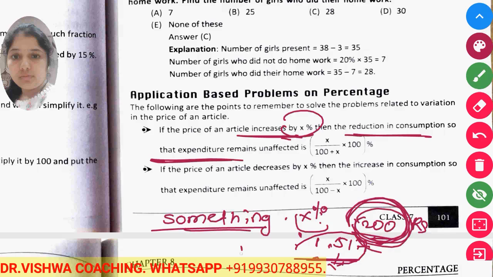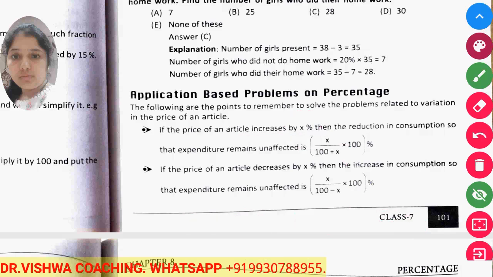I will reduce the consumption of petrol to 0.3 liter, so that I can easily adjust within the 200 rupees of expenditure. So the formula is x, the percentage increase in the price, upon 100 plus x, multiplied by 100%. Okay, this value we get in the form of percentage.